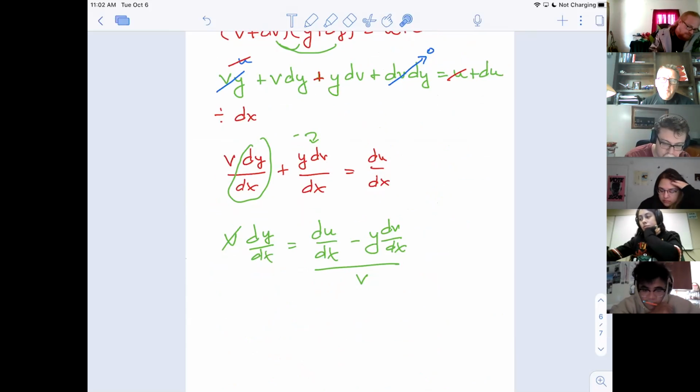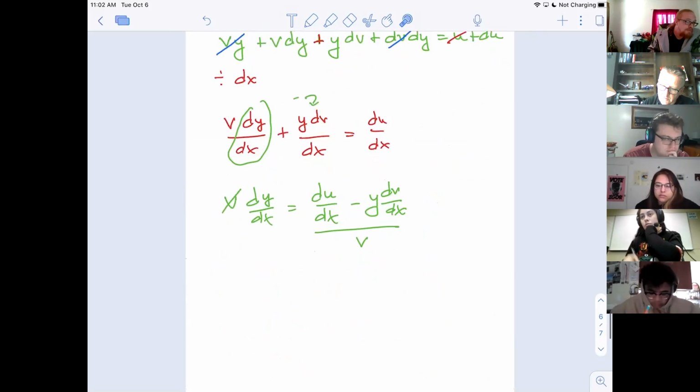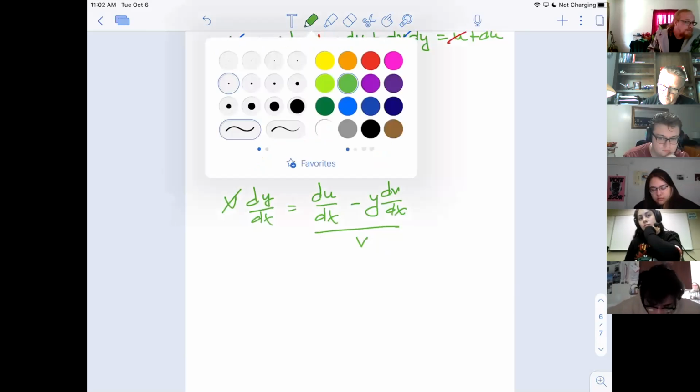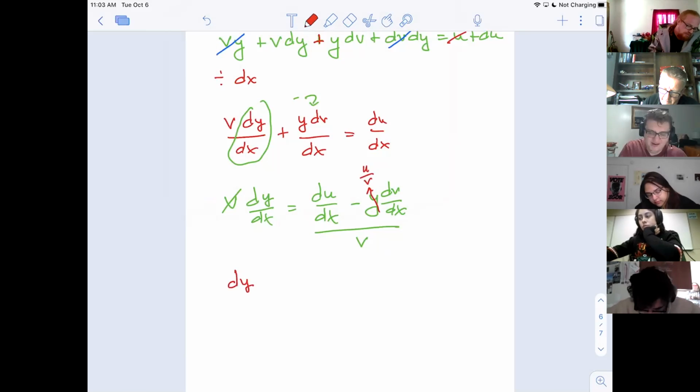But there's some things you can do to make this look a little nicer algebraically. And this is what algebra is for. It's supposed to make your life easier. So for instance, I'm not really happy with having a y on the other side. I'd really like the other side to be just u's and v's, functions of x. And so if I replace this with what it's equal to, which is u over v, then at least over there, there is no y. Well, I think I'll even go one step further.